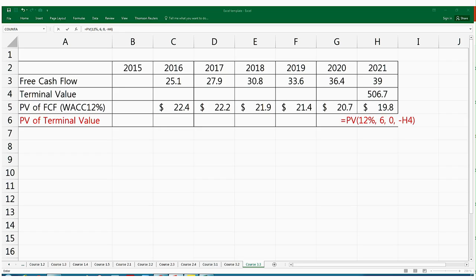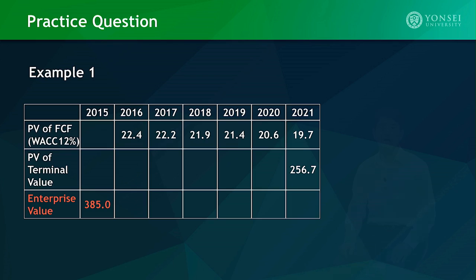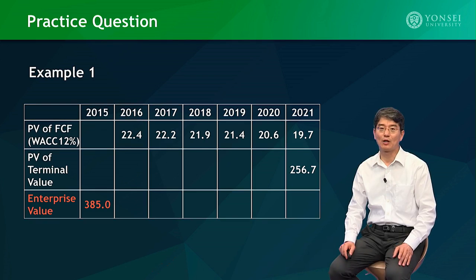Future value is 506.7, so type in minus 506.7 or minus H4, which includes the future value. Then present value of terminal value is 256.7. Enterprise value is the sum of present value of free cash flows and present value of terminal value, that is $385.